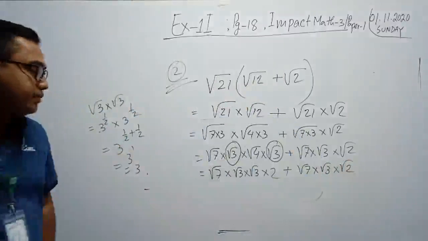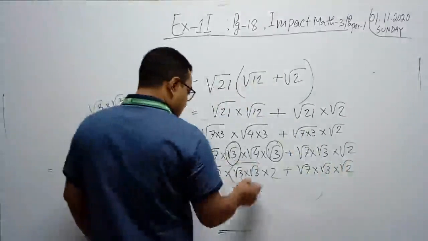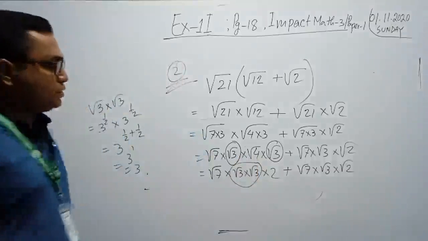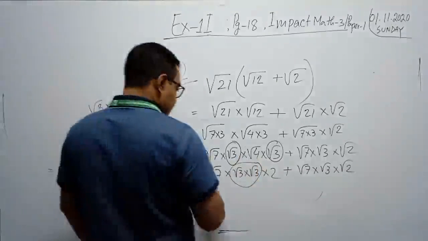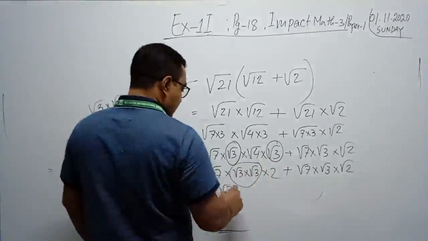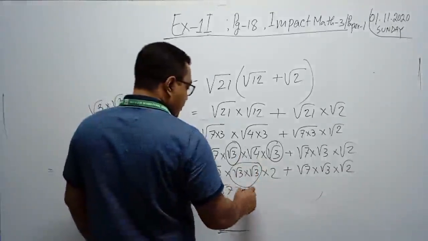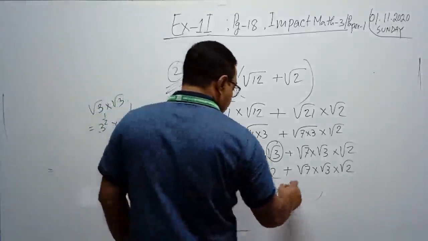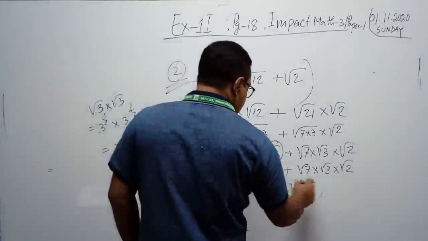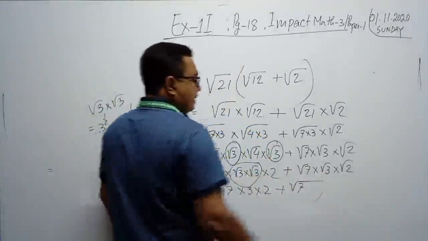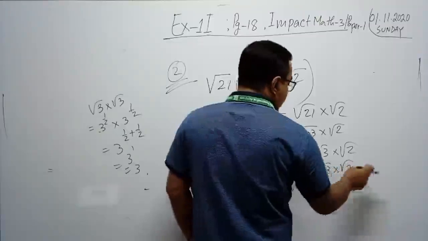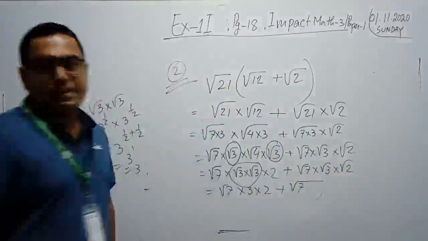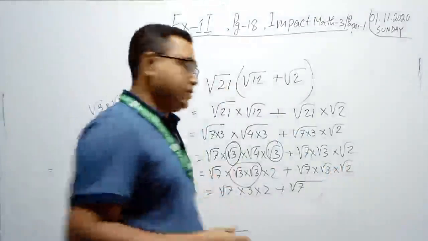They are different. Here these two terms you can combine. So square root of 7 into 3 into 2, plus here, look, square root of 7 into square root of 3 into square root of 2. They cannot be simplified, but they can be rearranged.